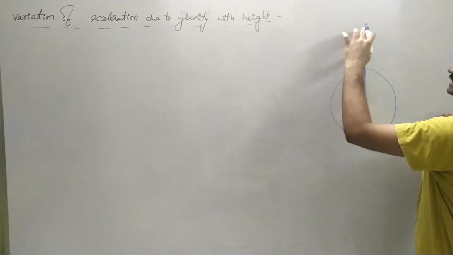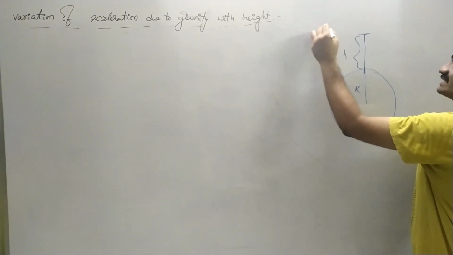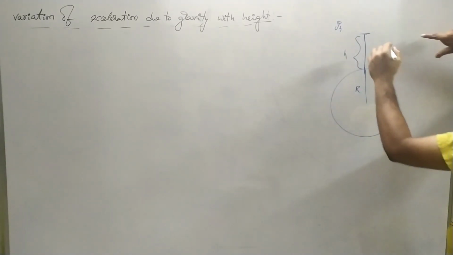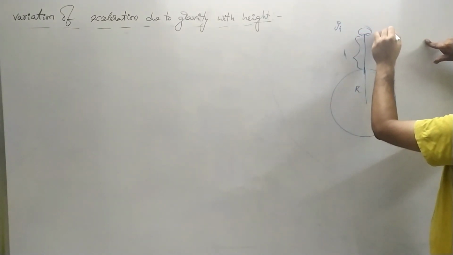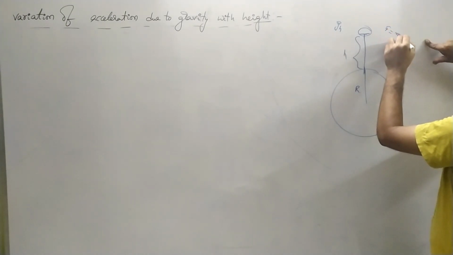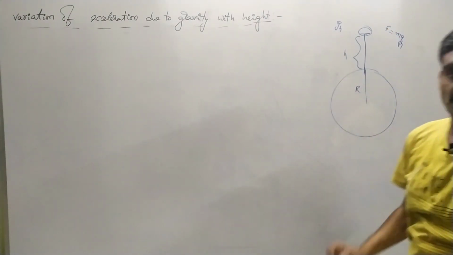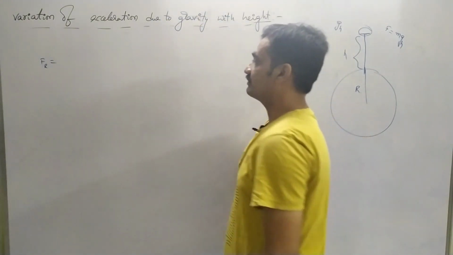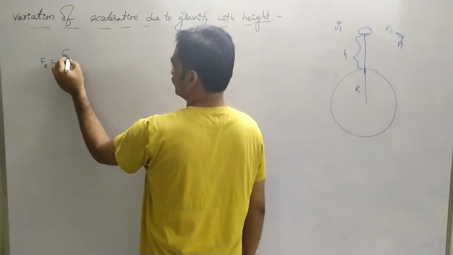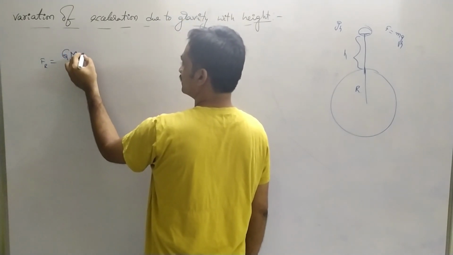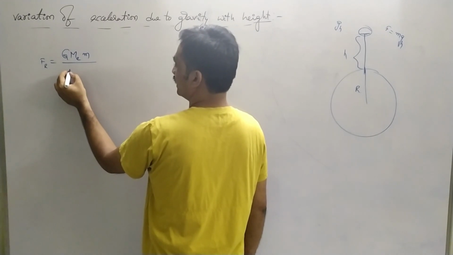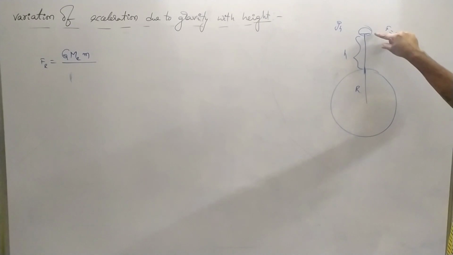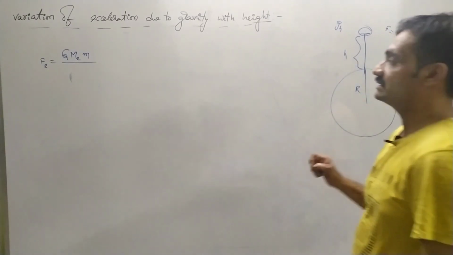So here since the body is at a height h, we represent the acceleration due to gravity at this height as g suffix h, and the force acting on this body is F = m g_h, where the universal law of gravitation is given as F = G times mass of the earth times mass of the body by, observe the height from the center, (r + h). Why? Because the body is at a height of h from the surface of the earth.